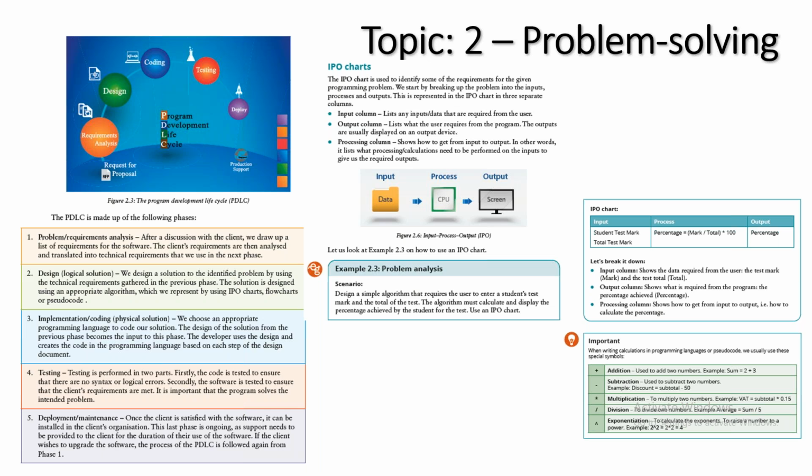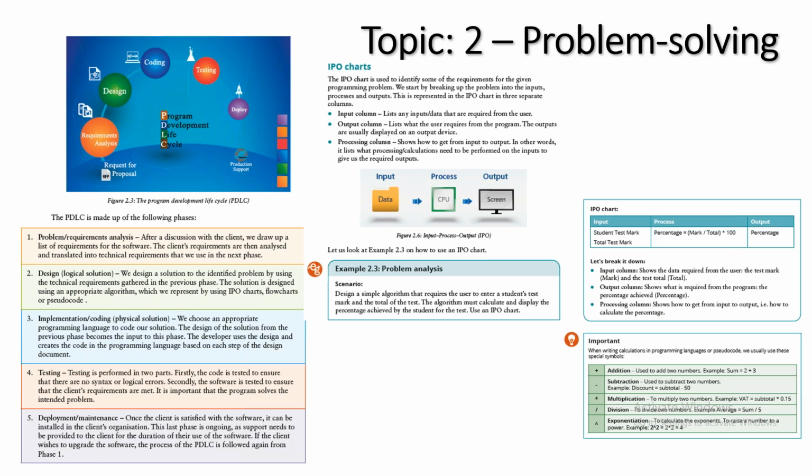The colors we used in this color block are what we carry forward throughout the rest of the book. That way students get used to the concepts: if they see green, they're looking at design, and if they see blue, they're looking at actually creating the code, and so on.